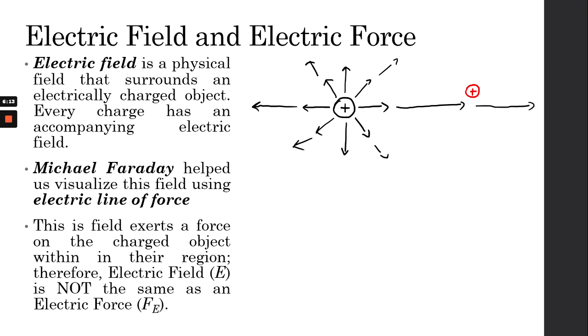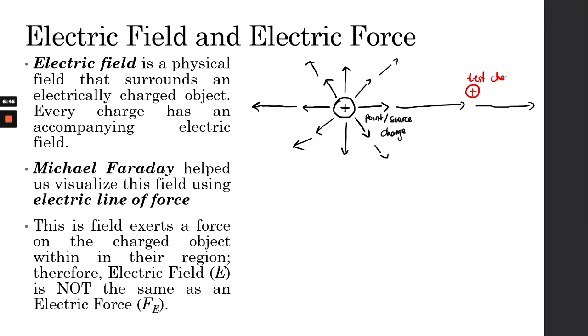What will happen is this field that is surrounding this charge right here, let's call it our point charge, or we can also call it our source charge. So every time I say point charge or source charge, this is where the electric field is originating. And this charge right here, I'm going to call my test charge.